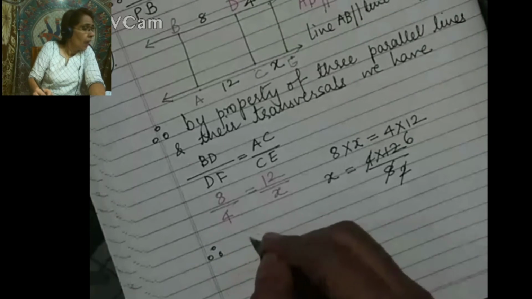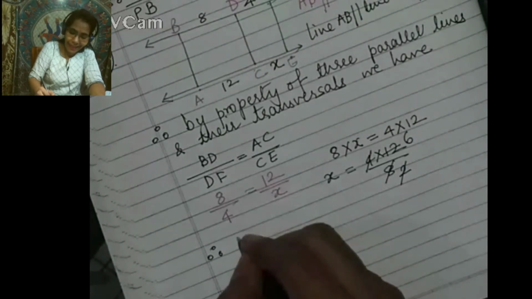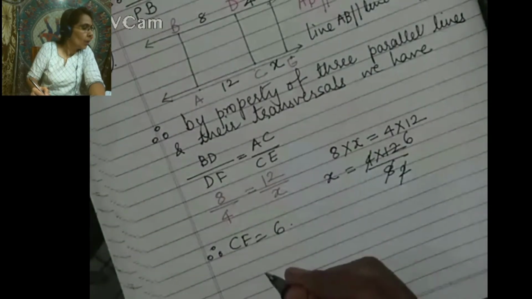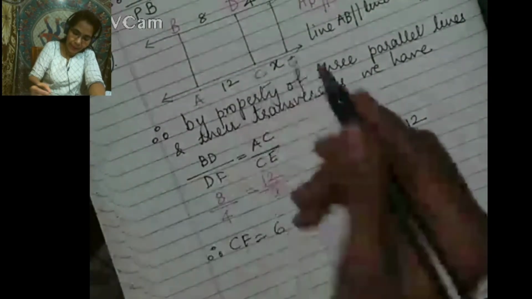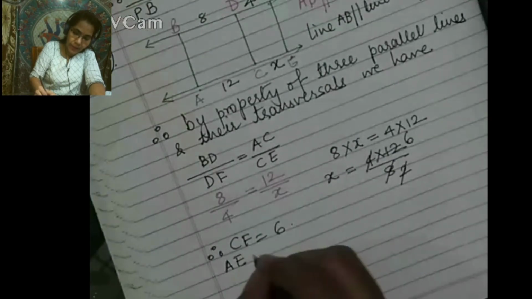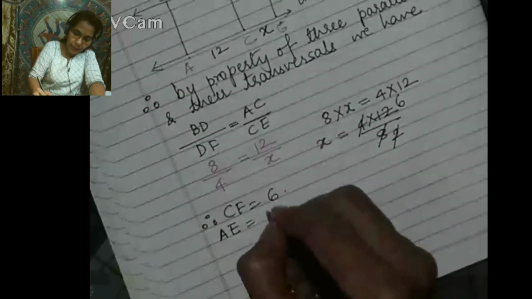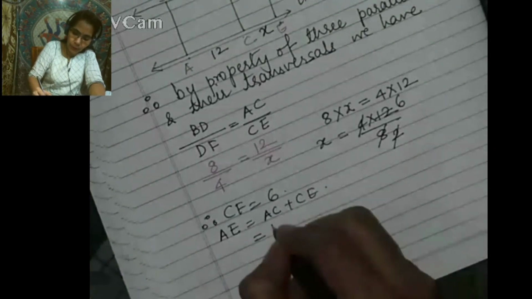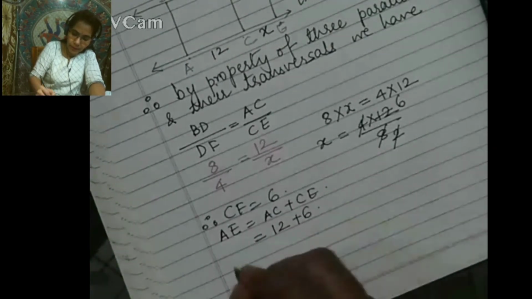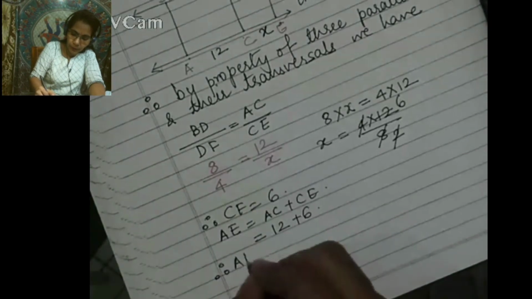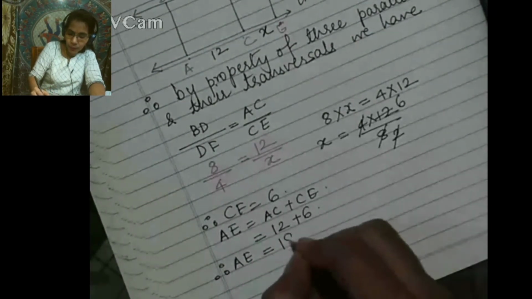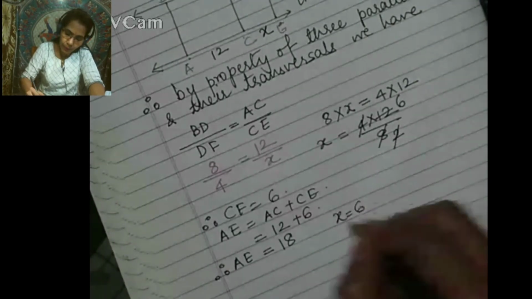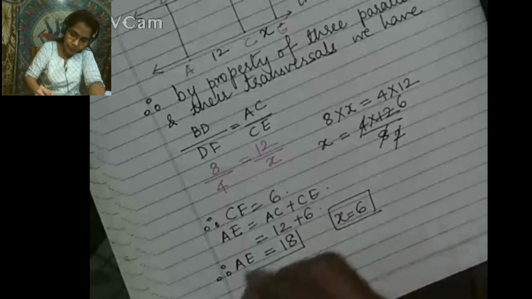Therefore, CE is equal to 6. We need to find out AE. AE is equal to AC plus CE, which is 12 plus 6. Therefore, AE is equal to 18 and X is equal to 6.